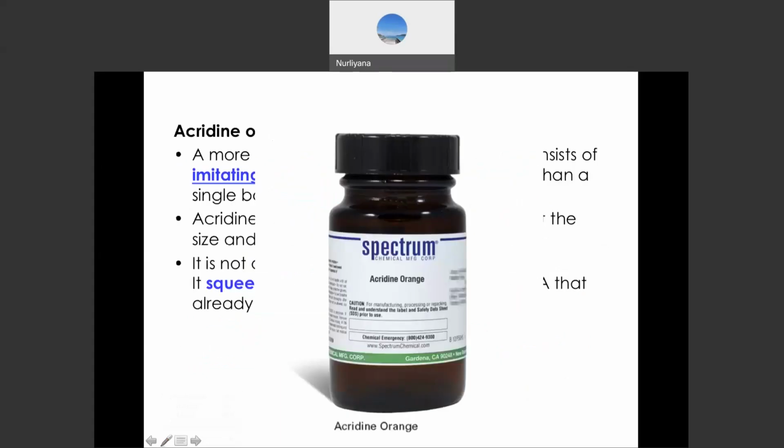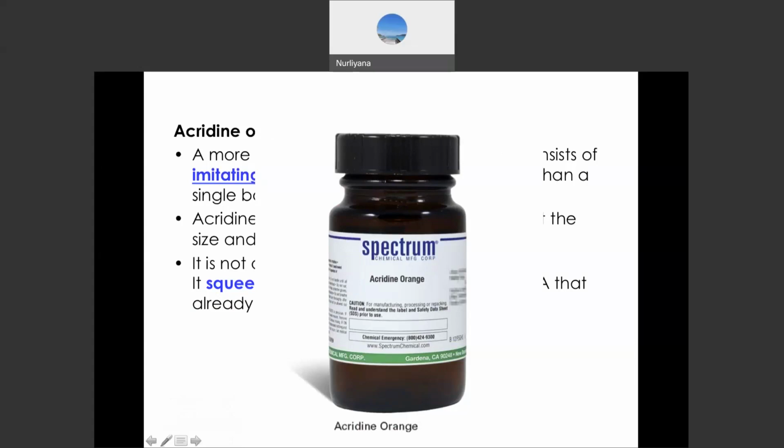Another one is acridine orange. It is very important, because nowadays you are still not able to enter the lab, but when you are working with any chemicals, it is very important to first check the name of the chemicals and look at the MSDS.